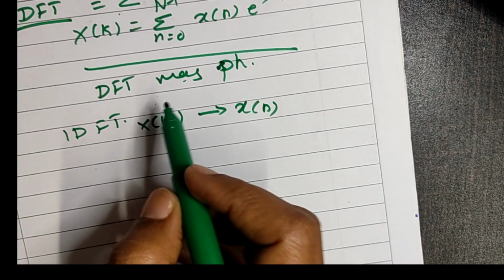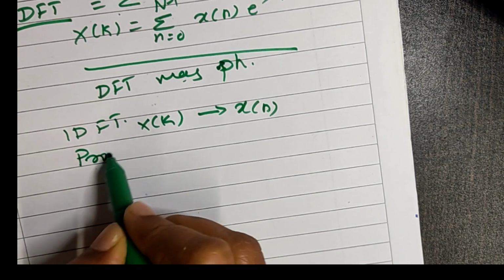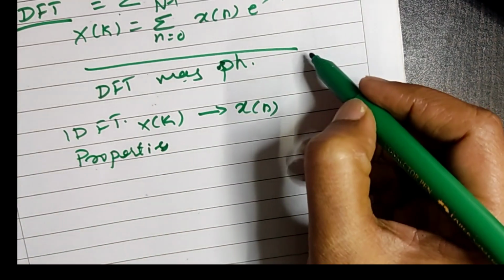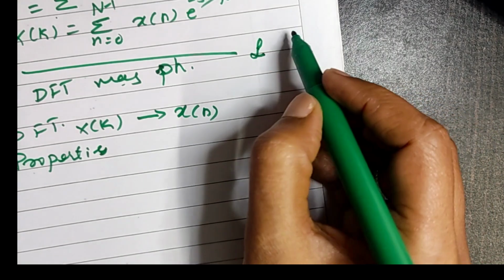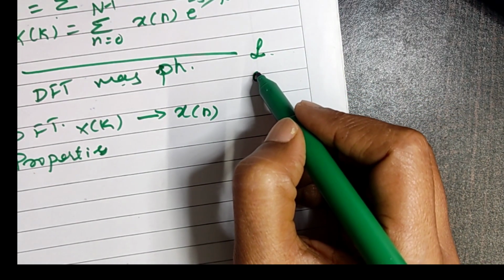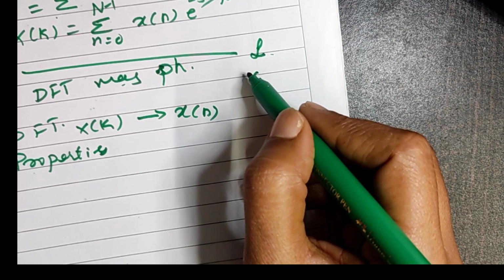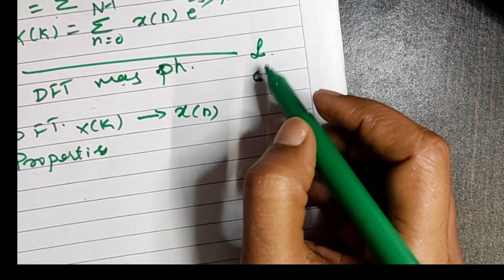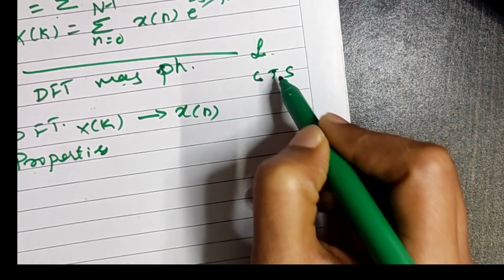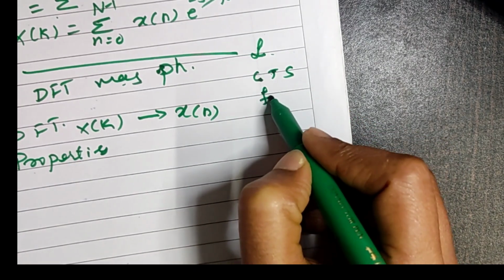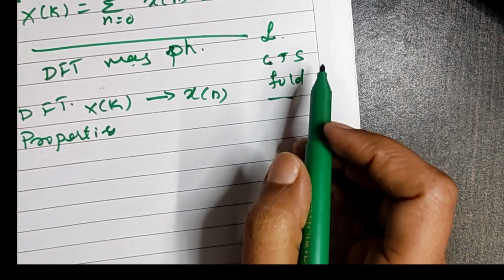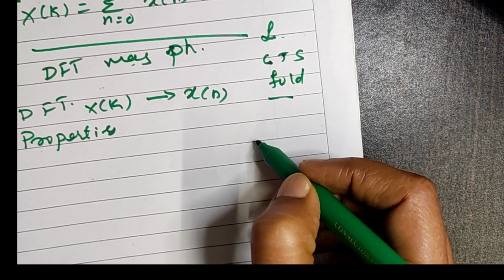After this, properties again. Mainly in all the properties we have the linearity property. Linearity, circular time shift, especially in DFT we have a circular time shift, and circular folding, sequence multiplication, and real and odd sequences.